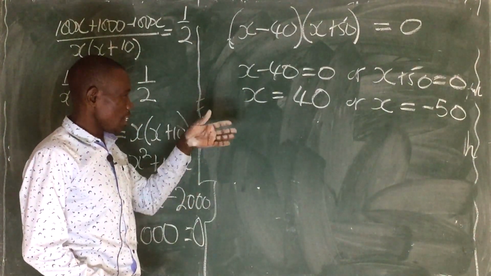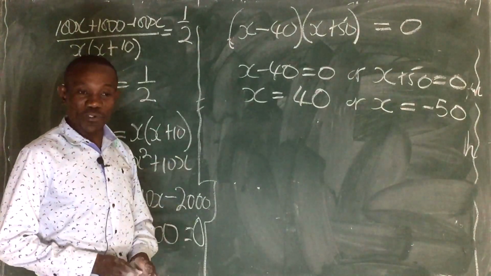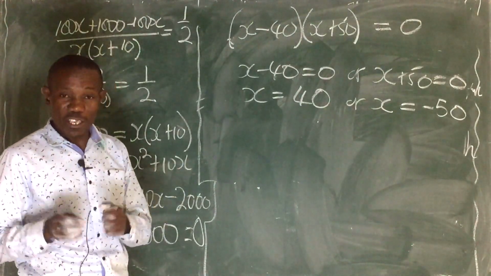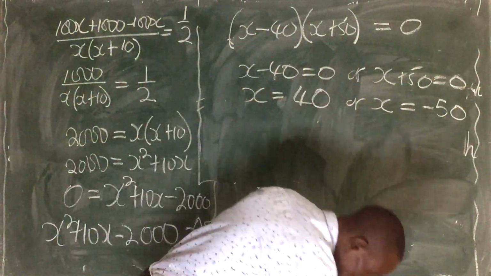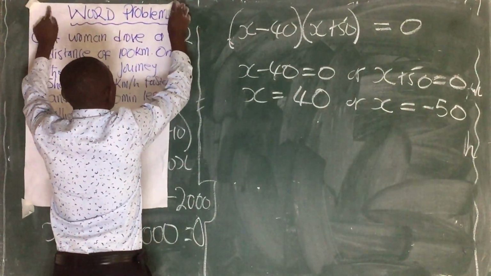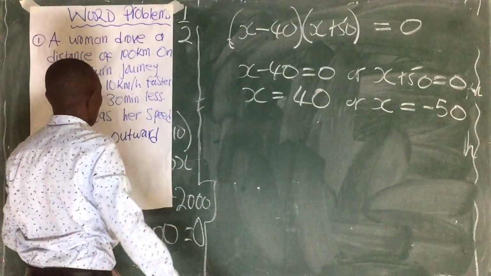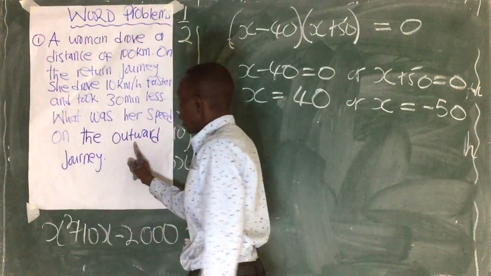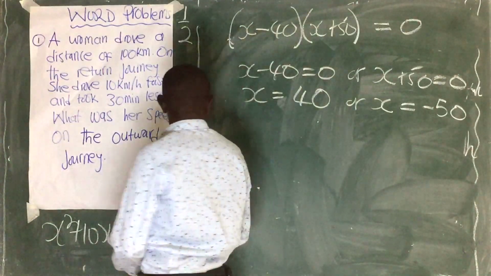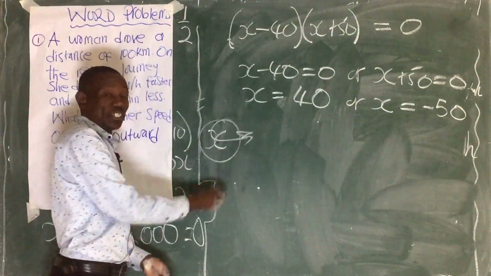Remember, in the previous summary, when we started solving this one, we let x be the speed on the outward journey. The question is about this: what was the speed on the outward journey? In our case, we presented x as the speed on the outward journey.